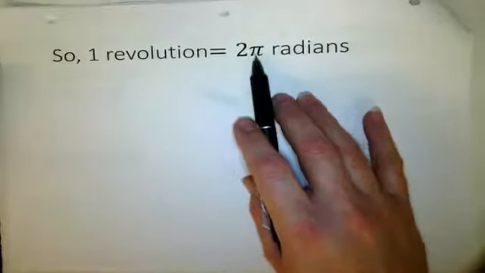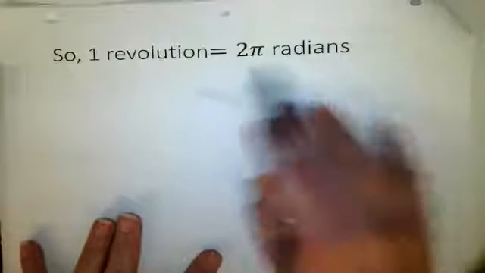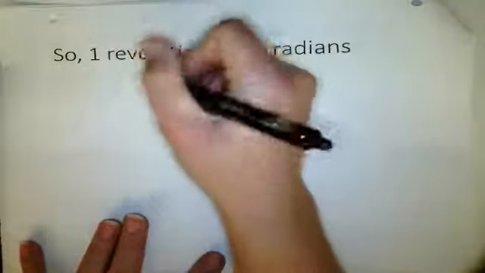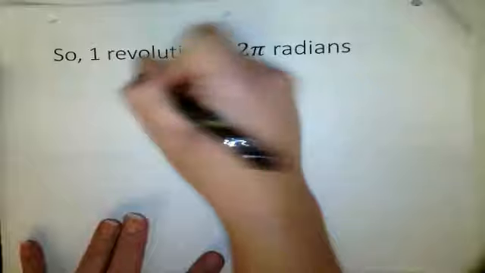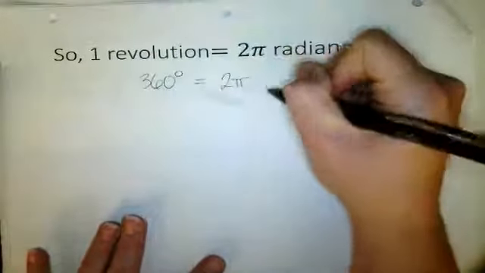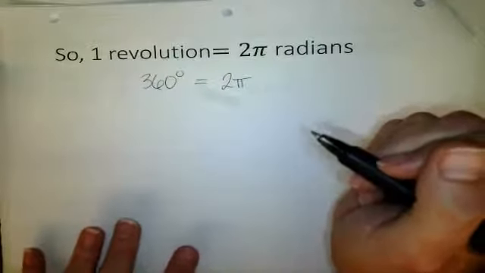It's exact. Okay, so radians are a measure of rotation, just like degrees are. 1 revolution is how many degrees? 360 degrees turns out to equal 2 pi radians. Well, I can simplify that a little bit. Can I reduce that?